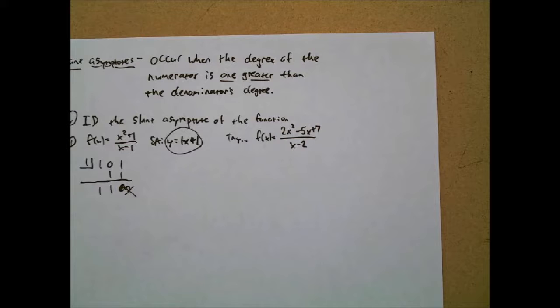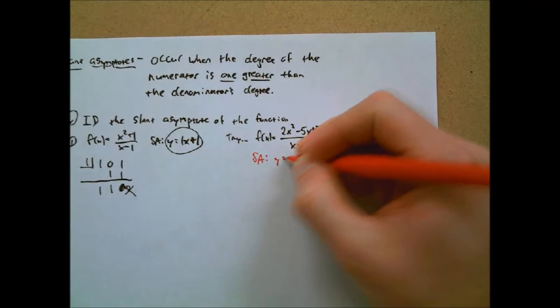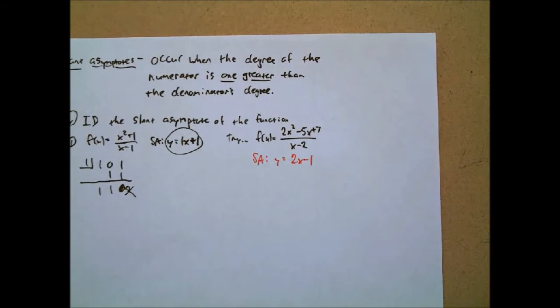Okay, what's our slant asymptote here? 2x minus 1. That's right. Anyone need to see that done? I'm still working out the long division. That's 2x.